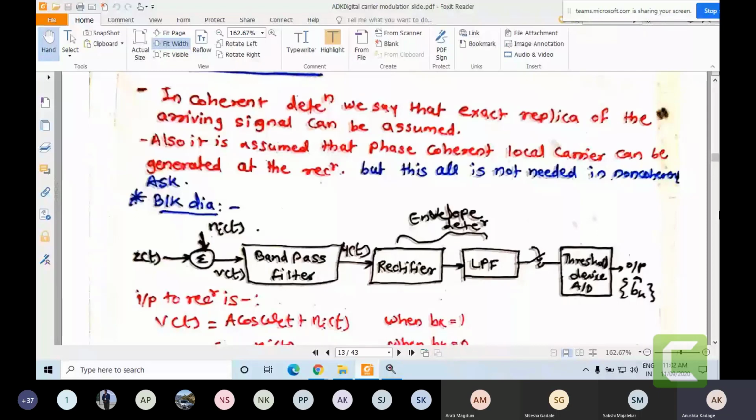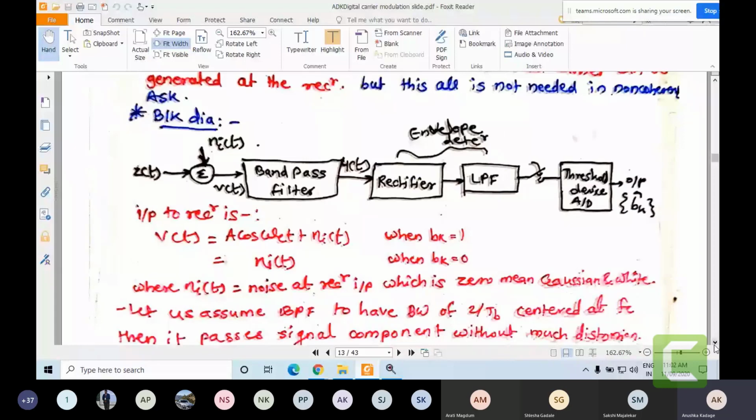And that's why we are going to see this in mathematical form. So let's start from this v(t) signal. But v(t) is what? Actually the received signal. And the received signal will be the addition of your original transmitted signal with the noise component, and this will be present if Bk is equal to 1. Because when Bk is equal to 1, in the ASK modulated output, S2(t) signal was present, and if S2(t) is present, that means A cos of omega c t is present.